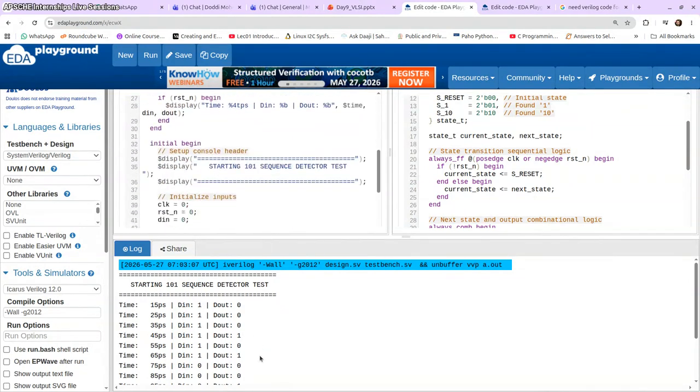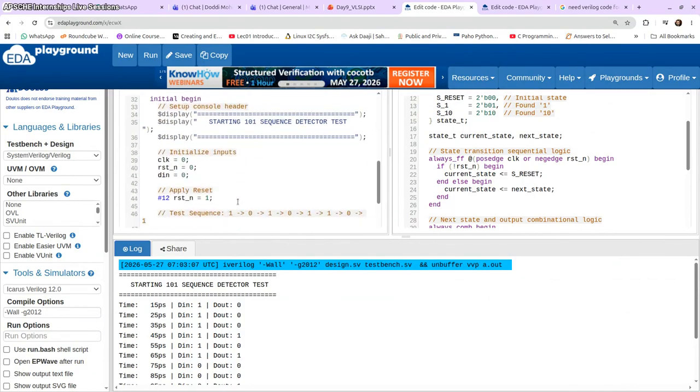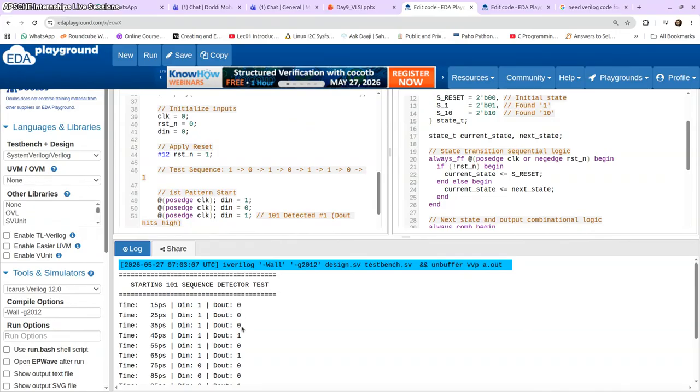Okay, so once the data out comes, you see that 101, you are getting the 101 at the third one, and you are getting the data as an output.